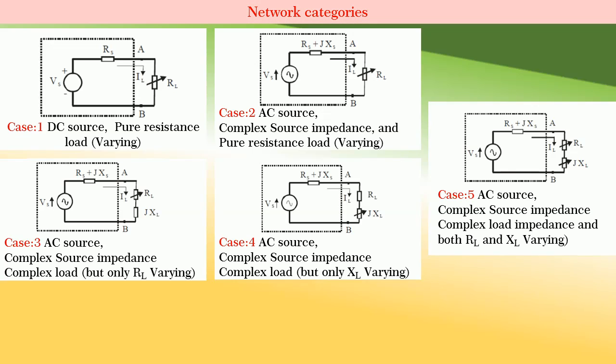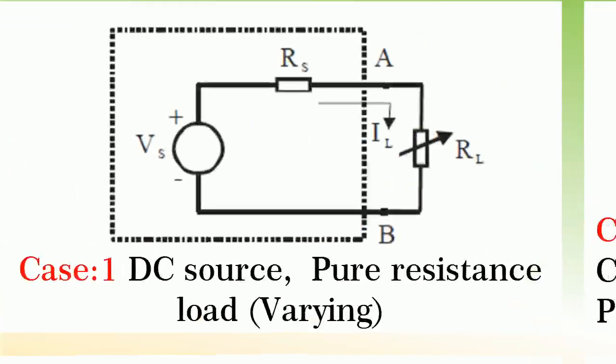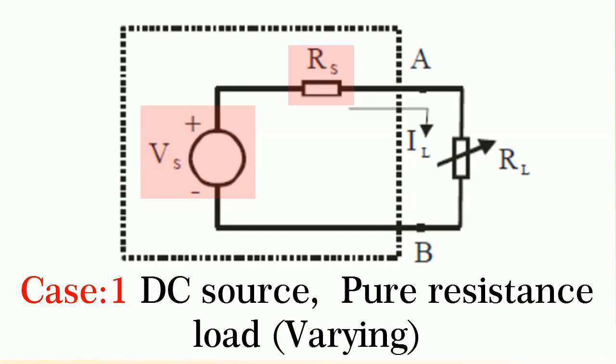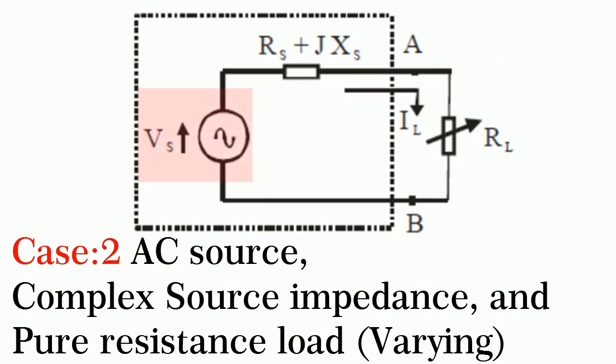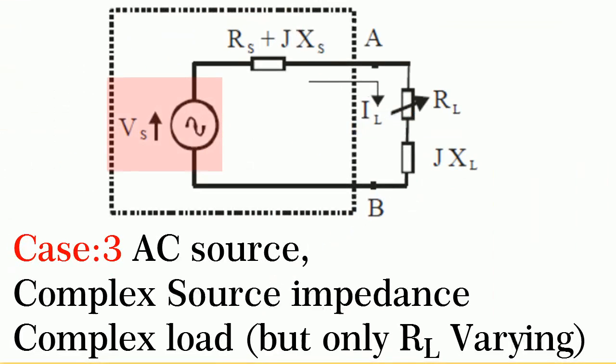Since the condition for the maximum power transfer depends upon the type of network, we shall categorize the networks into 5 groups. Case 1, when source is DC and load is pure resistance varying. Case 2, when the source is AC, source impedance is complex and pure resistance load is varying. Case 3, source is AC, source impedance is complex and the load impedance also is complex, but only RL is varying.